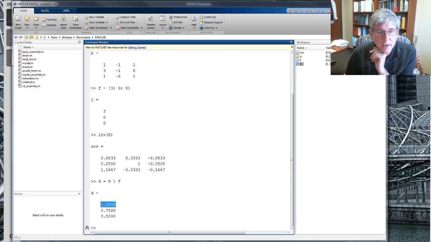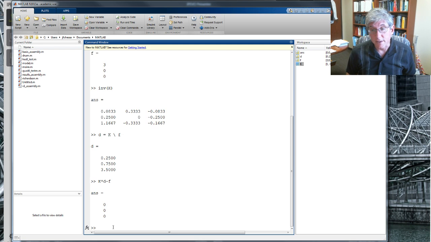So basically, X should be 0.25, Y should be 0.75, and Z should be 3.5. If you want to check this, obviously it needs to satisfy the equation. So K times D minus F better be 0, and there it is. Sometimes it's not exactly 0, but small numbers.